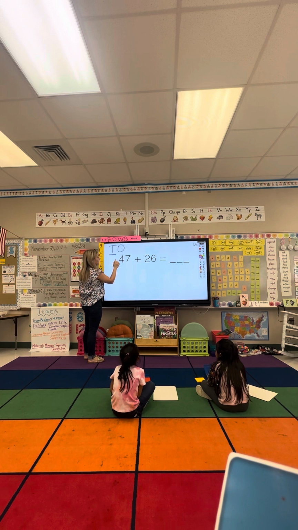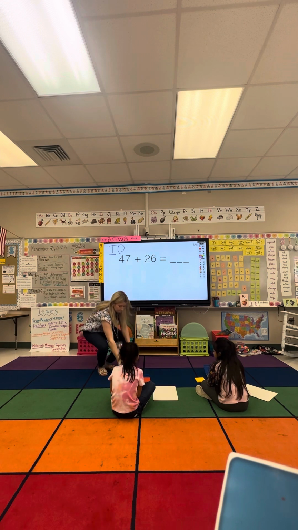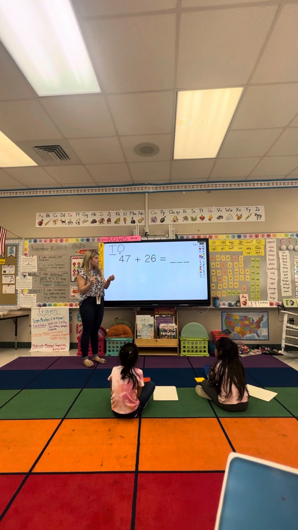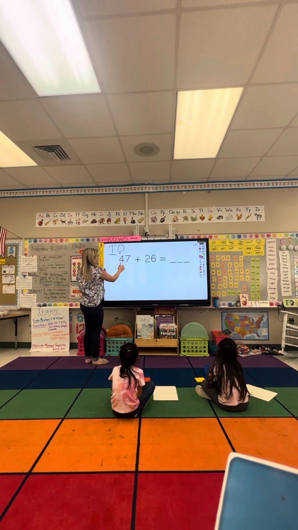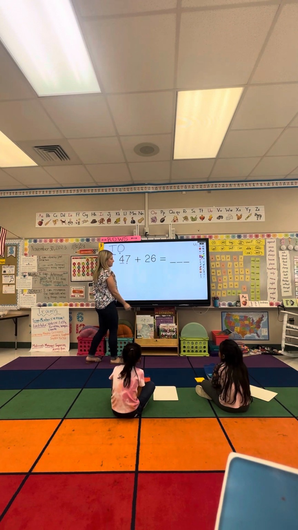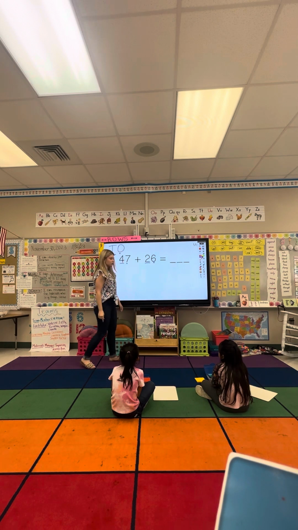And for my ones place, I mark that with a dot. So we'll use the 10 rod for your tens place, and a cube for our ones place. So let's mark up our numbers. 47, 4 tens and 7 ones, plus 26, 2 tens and 6 ones, equals blank.